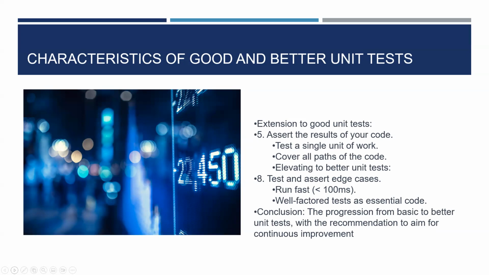Better unit testing will then move a step further by testing and asserting edge cases, running fast, ideally under 100 milliseconds, and being well factored, treated as essential code. We can conclude by emphasizing the progression from basic to better unit testing, encouraging a commitment to continuous improvement over our testing practices.